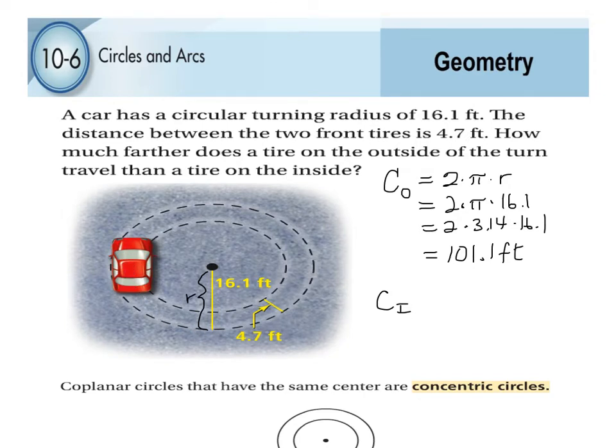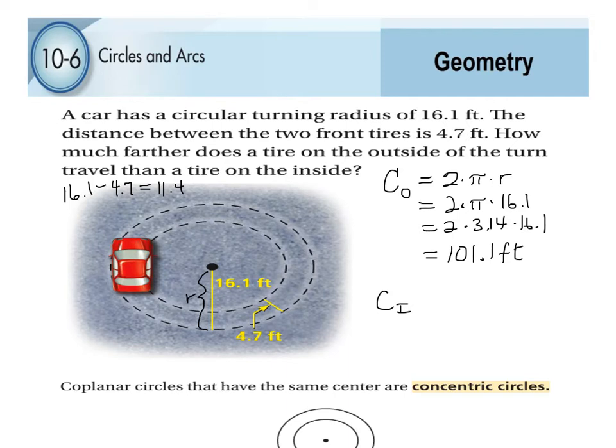Now, what I need to figure out is the distance around the inside of the circle. Well, I need to figure out the radius. The radius of the inside circle is not the same as the outside circle. So I've got to find the difference between 16.1 and 4.7. That's going to give me the radius of the inside circle, which is 11.4.